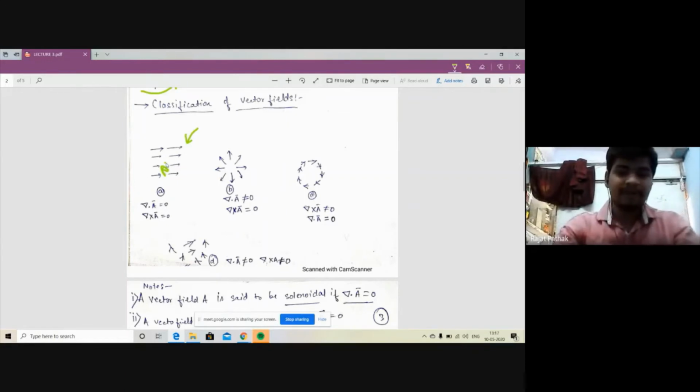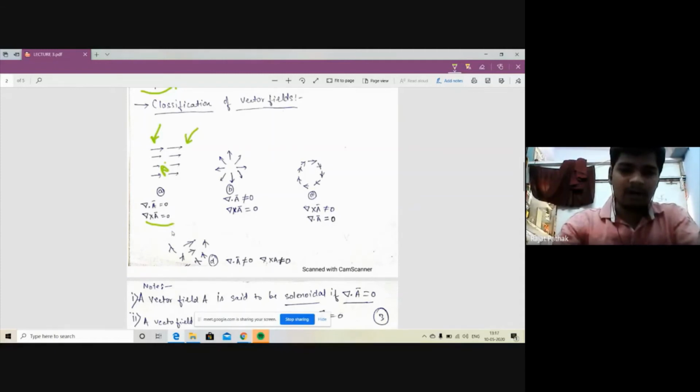Why? Because the field is not diverging around this point. It is going straight and coming out from this point. So it is not diverging. That's why del dot A, the divergence of the field lines at any point P, will be equal to 0.